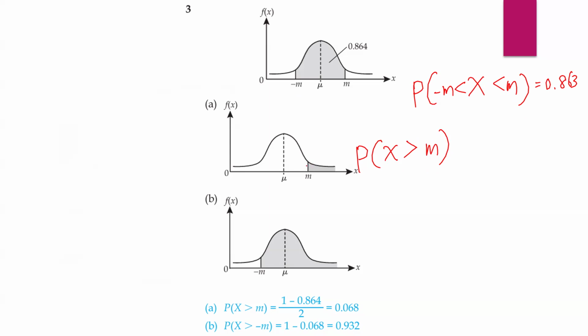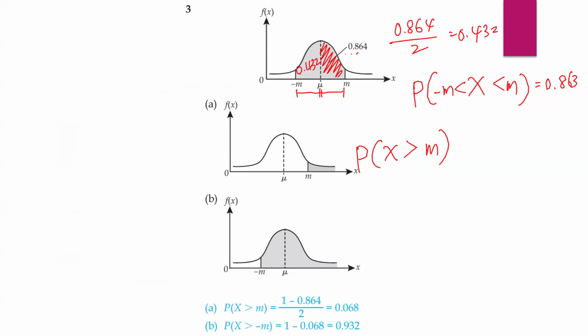What is the value of here? So the length over here is the same, the value is the same, so we can divide it by 2. So 0.86 divided by 2, I get 0.432. So the area under here is 0.432.